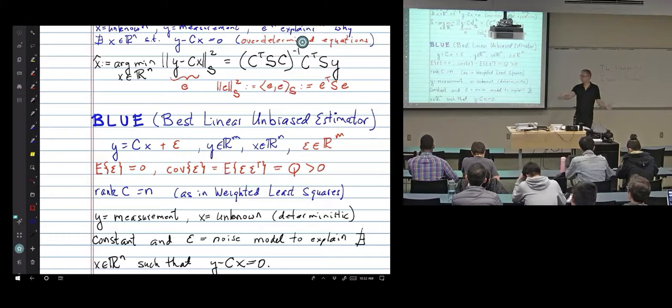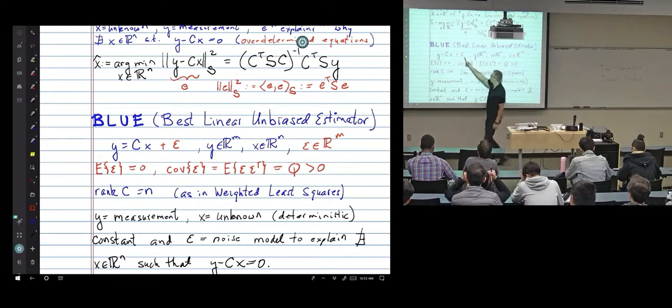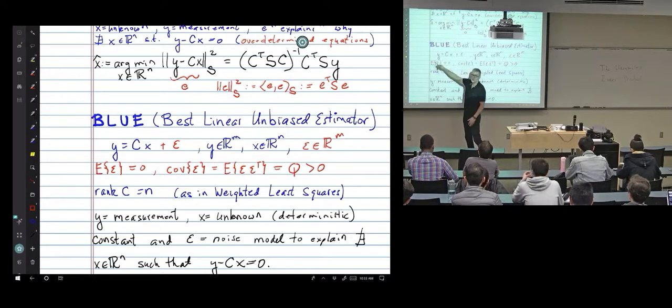And this is the first time we threw in a model of how these measurement errors occur. So what we did was assume these things have zero mean. If they have a constant mean, we can just subtract that off of y and get a new y that has zero mean. So that's not a big deal.